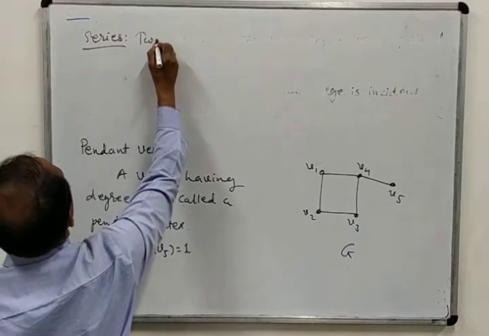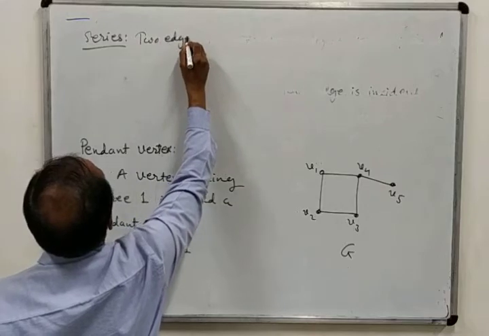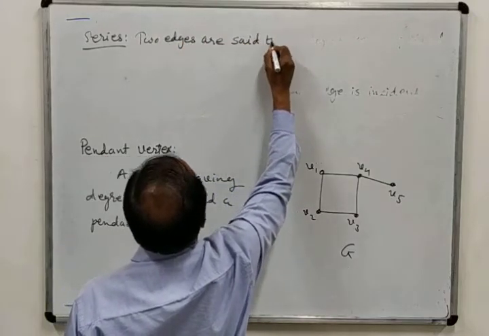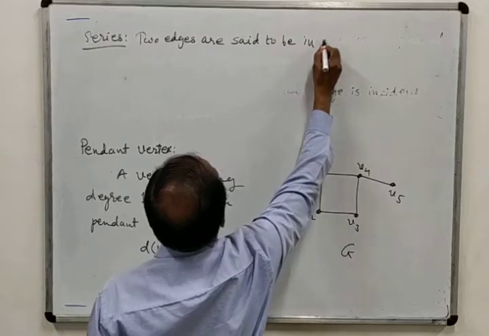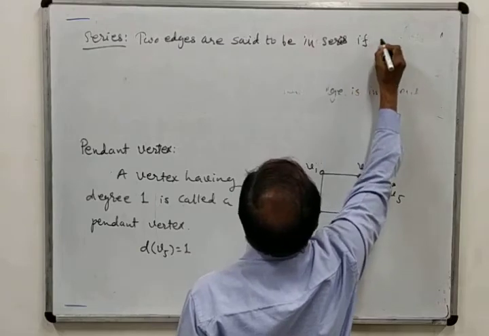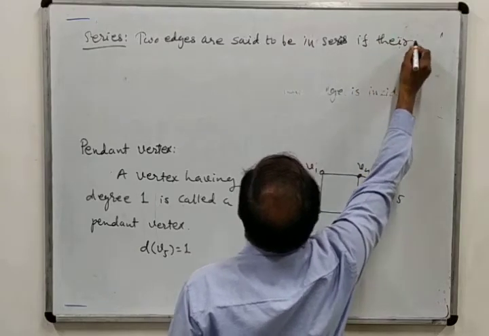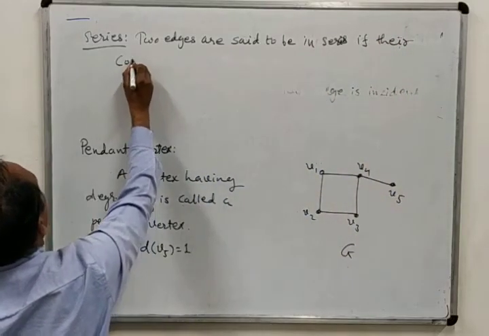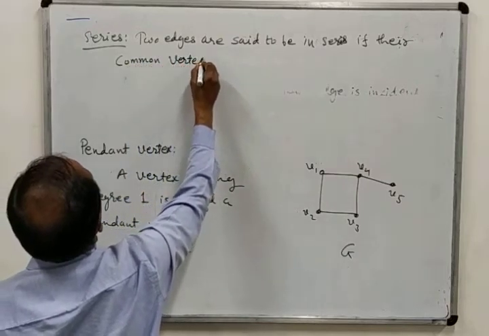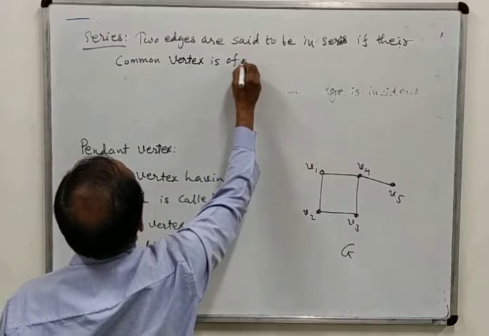So two edges are said to be in series if their common vertex is of degree 2.